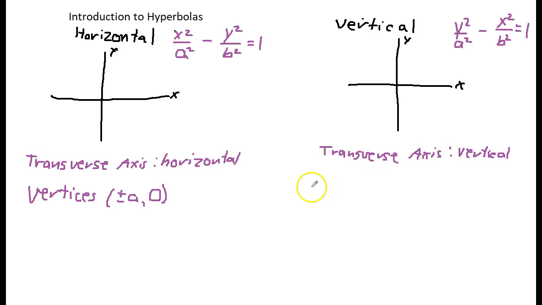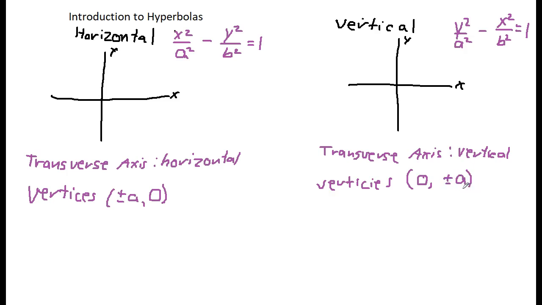My vertices for a vertical hyperbola are at the coordinates 0, comma, plus or minus a.